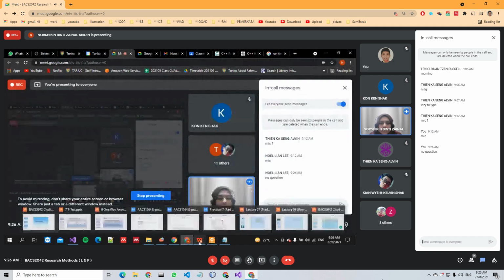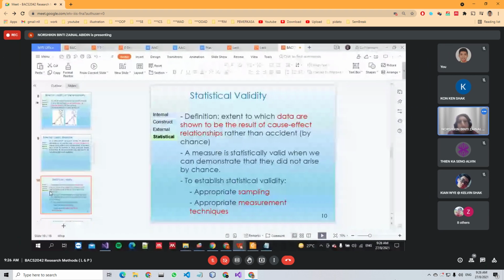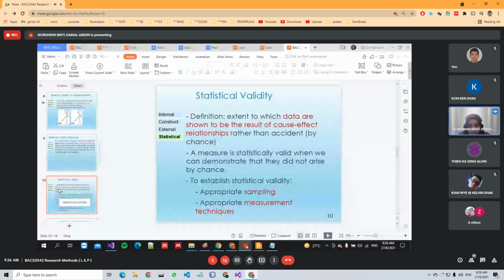So that one just now is external validity, a change of the environment. And then next we have statistical validity. Statistical validity is the extent to which our conclusion can be drawn from a statistical test.